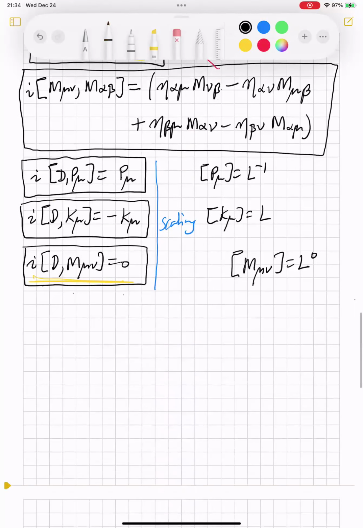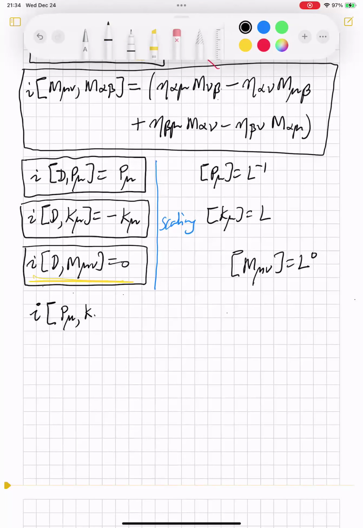And then there's one final commutator that you should calculate. Again, check this. It tells us that i P mu comma K nu is equal to... Now remember that P is an inverse length, K is a length. So an inverse length times a length is dimensionless. So whatever we write down now on the right-hand side has to be dimensionless.